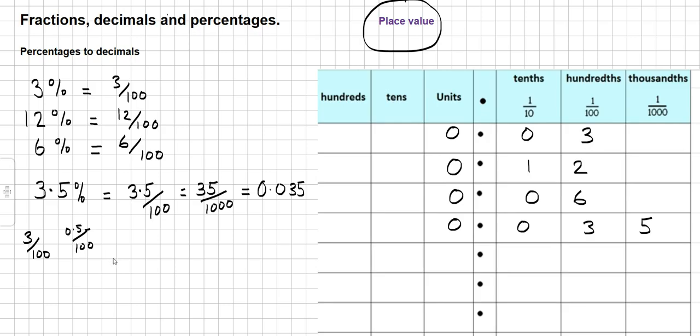Now that might take some thinking about, but once you get that idea about the place value and how far along it's going, then you can do these movements from percentages to decimals. And it is really about just shifting 2 places along, whatever your number is.